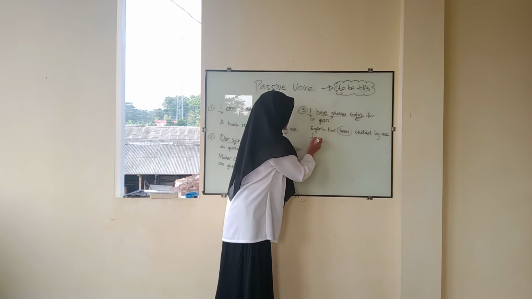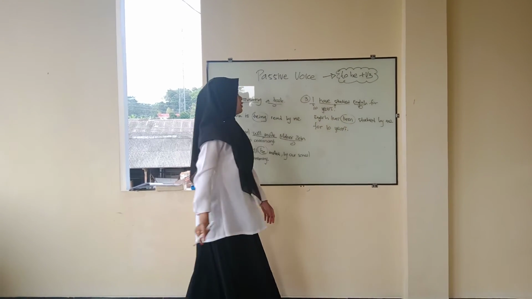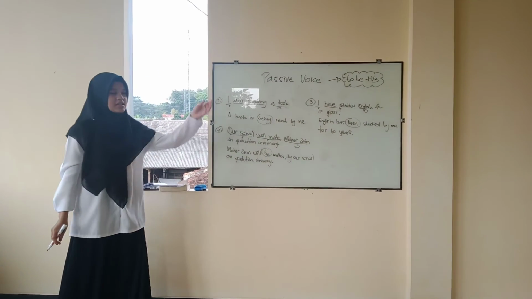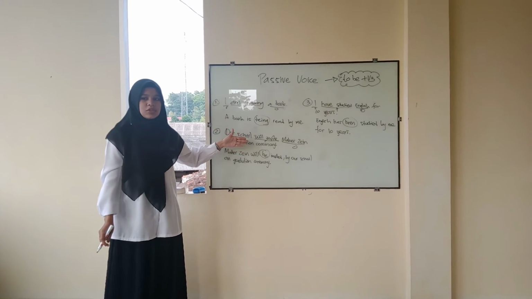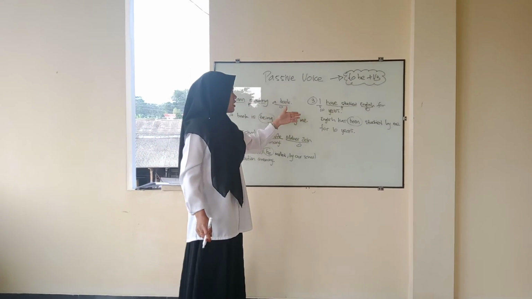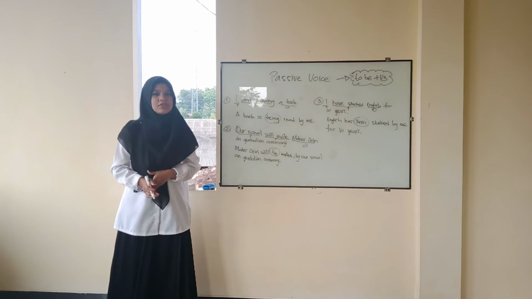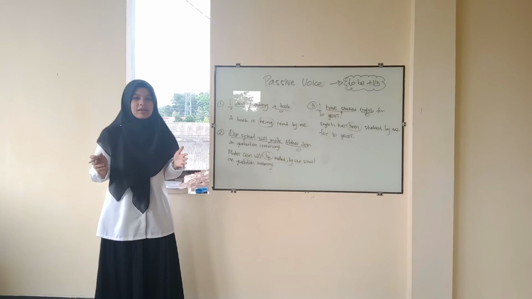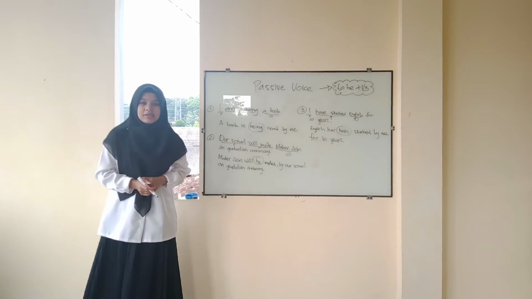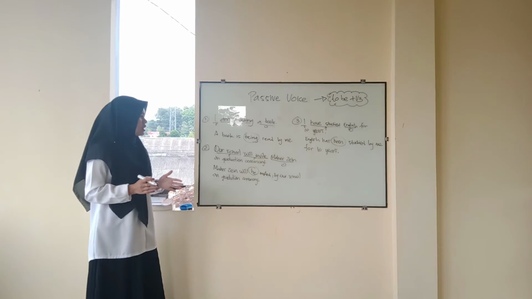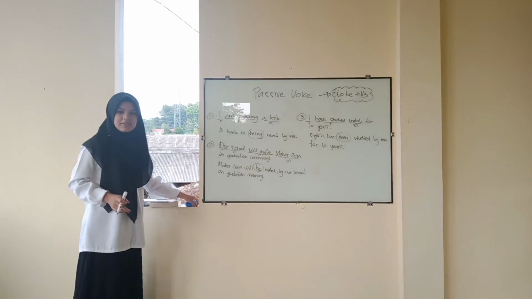Me for 10 years. Just remember, for continuous we use being, for future we use be, and for perfect we use been. For simple present we use is, am, or are, depending on the subject. And for the past tense we use was or were. I'm sorry. Okay. Any question?